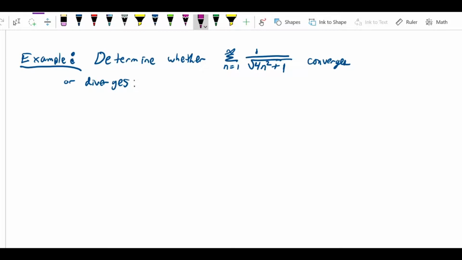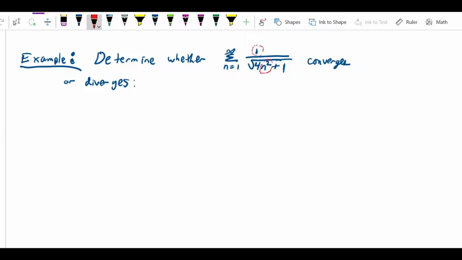But that means I have to choose something to compare this series with, something that I know has a property of convergence or divergence. The way you do that is this. For the limit comparison test, you want to focus on the highest powers in the numerator and the denominator. In this case, that's 1, which is 1 times n to the 0, and the square root of n squared.